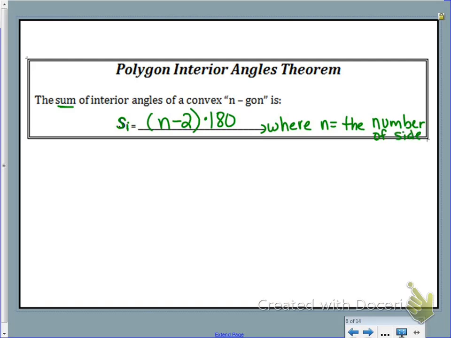So anytime we want to know the sum of the interior angles of a convex polygon, we're going to do the formula S sub I equals (n minus 2) times 180. You should be able to find that on your calculator MCHS math program as well, so feel free to look for that later today while you're working.